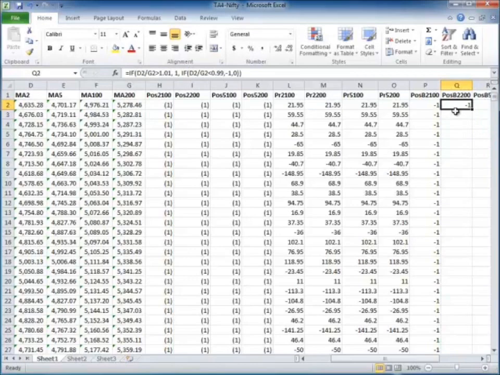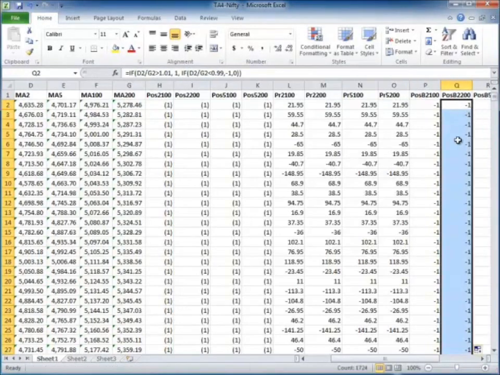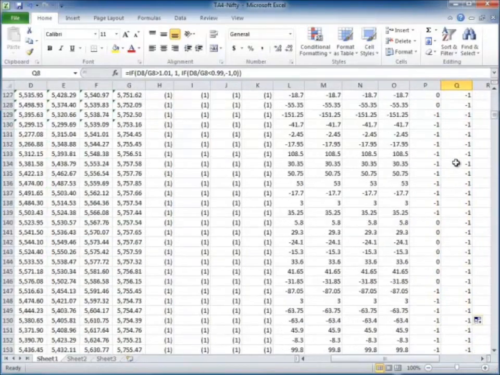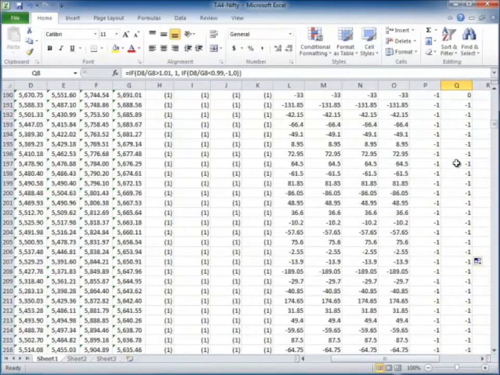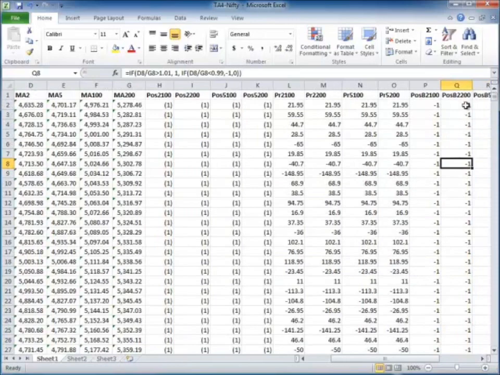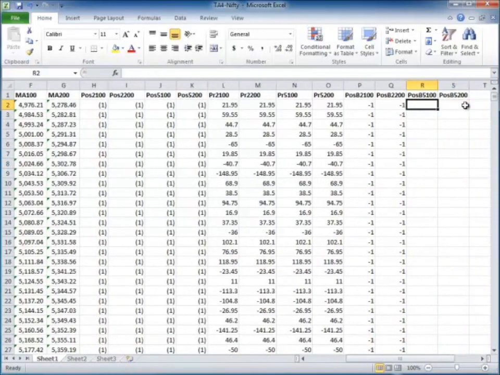Again, same kind of thing, same formula as that, essentially. And I'll copy this across. And again, we're going to have some minus ones, some zeros in there, and some ones. So 3 different positions.